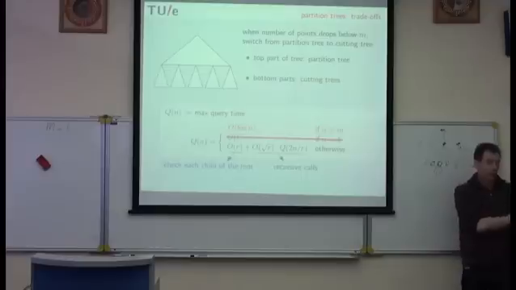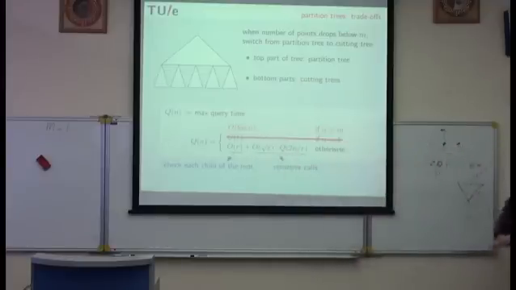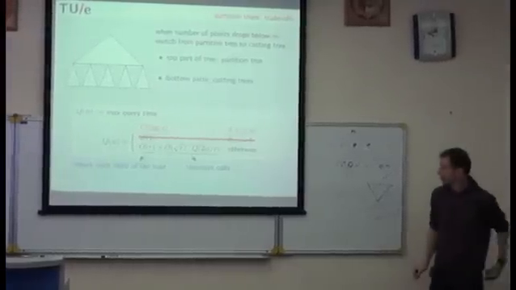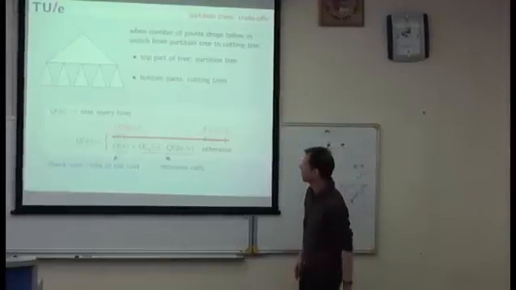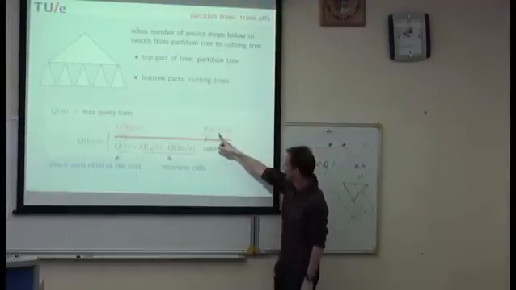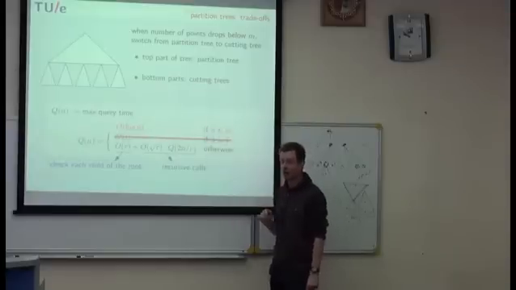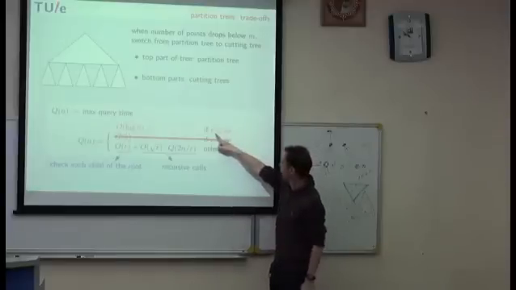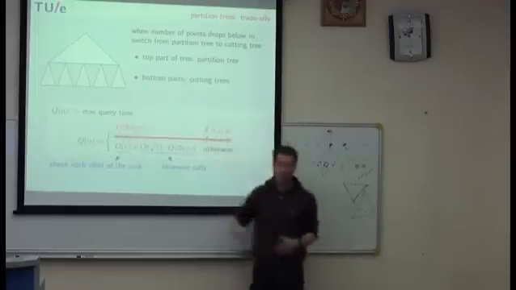And I know that for a cutting tree, the query time is log n. Indeed, you can see that when I pick m equals 1, I have my old recurrence back, because I simply had a partition tree. When I pick m equals n, then this whole thing disappears and I simply have log n.